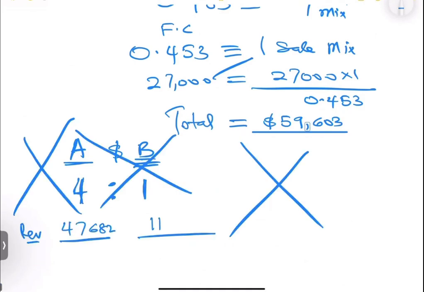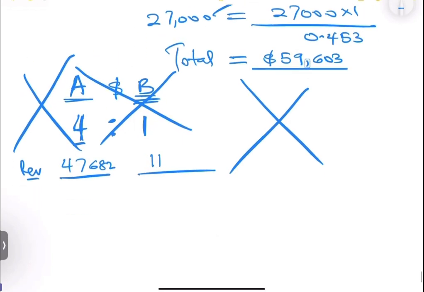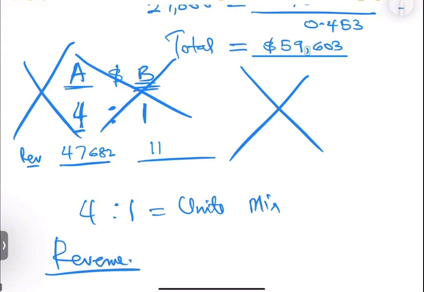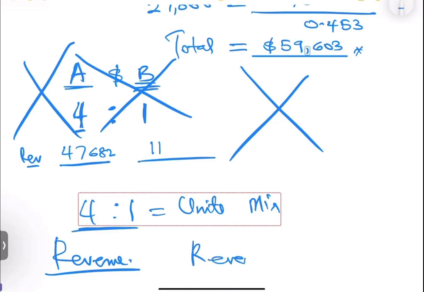But remember that 4:1 is in what? 4:1 is unit mix. And we are dealing here with what? Revenue. So what we need to be using to allocate the revenue will be what? This 4:1, what does it translate to as a revenue mix?